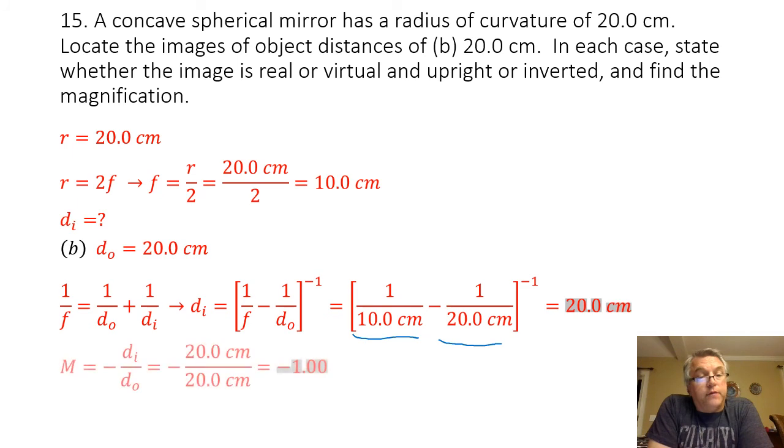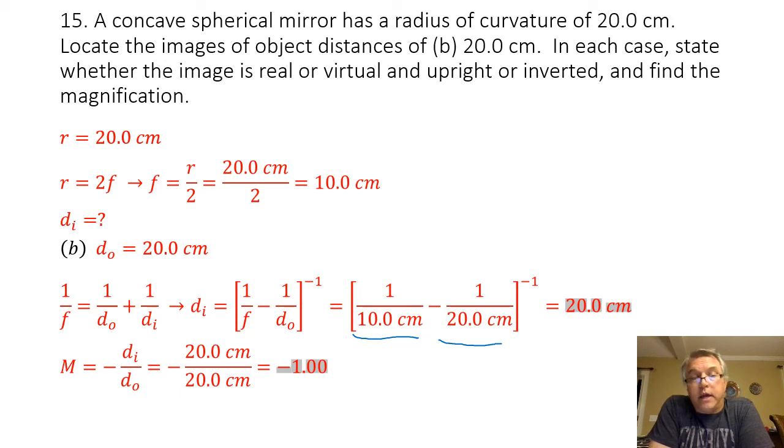To find the magnification, again, it is the negative of the image distance divided by the object distance. Both of those distances are 20 centimeters, so that will give me a magnification of negative 1.00.